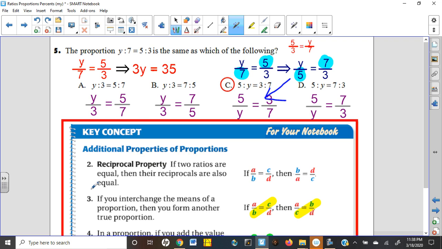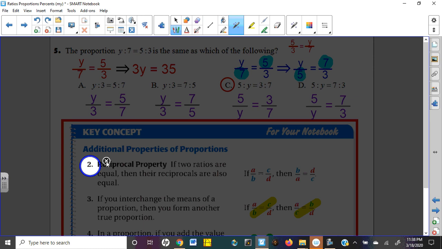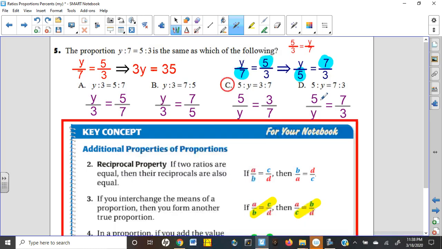So if you apply property 3 by flipping the means, and then apply property 2 by taking the reciprocals, that's another way. I think this way is quicker and probably more straightforward. Not that I always am right, but that's the way I would attack it.